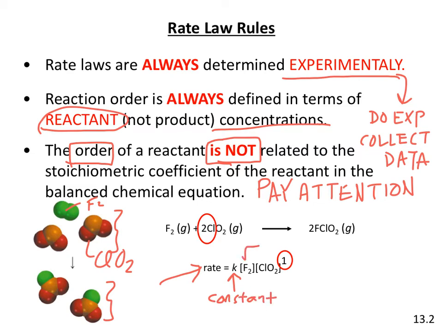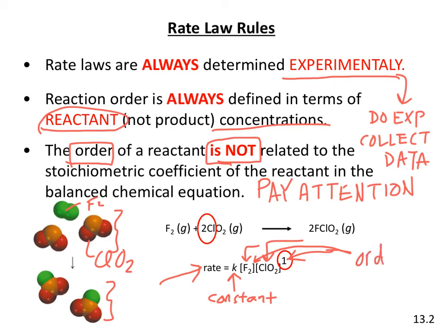And then we're looking at the change in concentration, in this case the decrease in the concentration of the reactants. This reactant is fluorine, and this reactant is ClO2. So we are watching them decrease. And you'll notice there's a number here, and there would be a number 1 there as well.